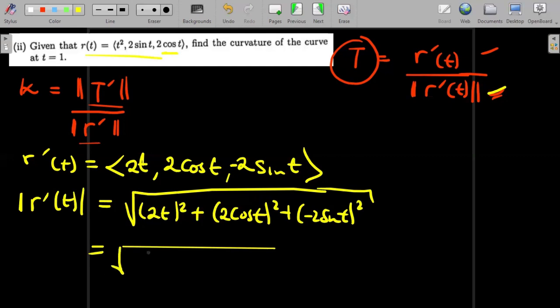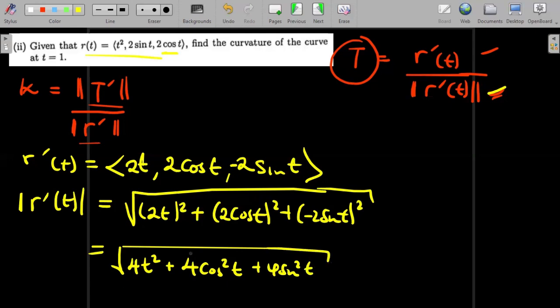So that will be 4T squared, then plus 4 cos squared T plus 4 sine squared T.